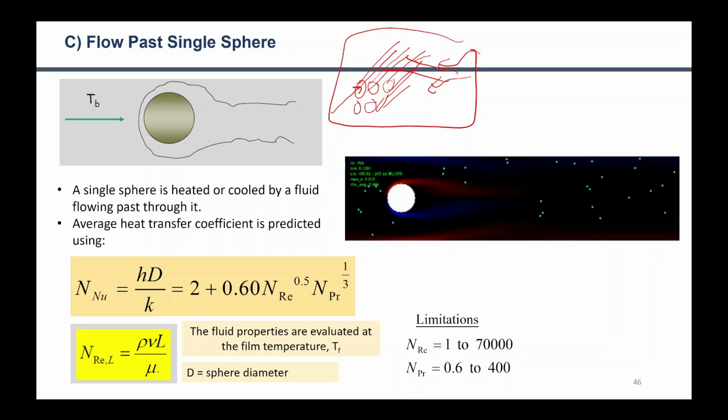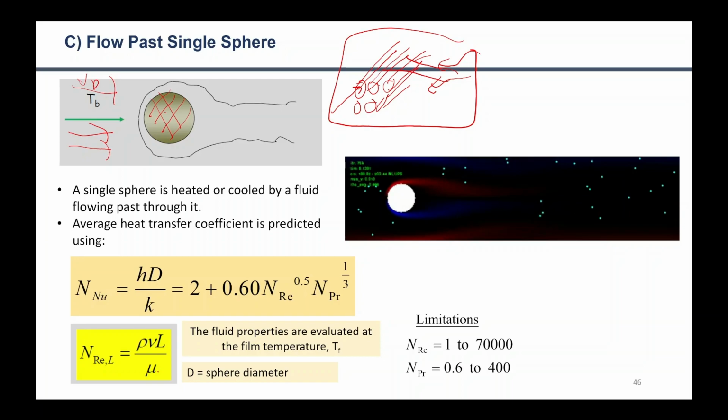Now this is an example of our sphere. We have fluid flowing across a single sphere at constant T infinity and constant velocity.